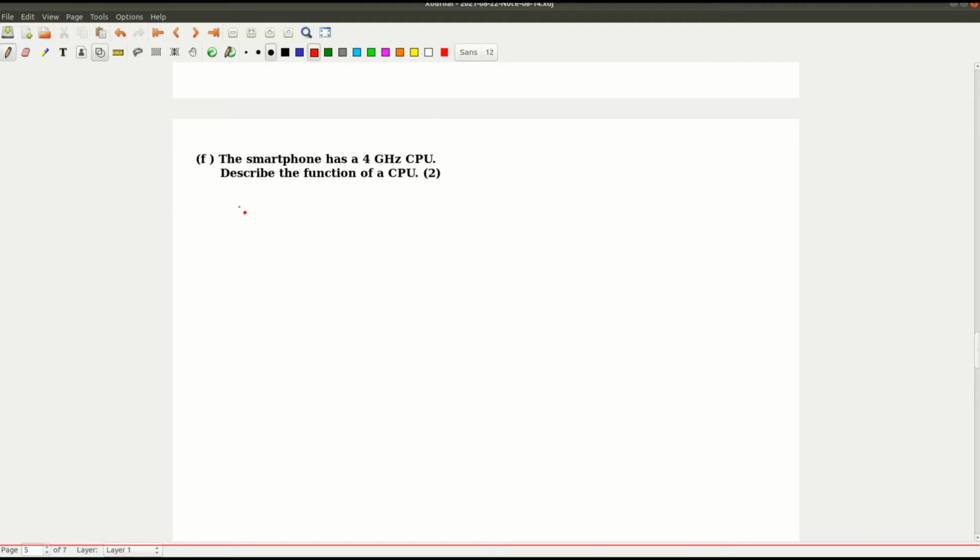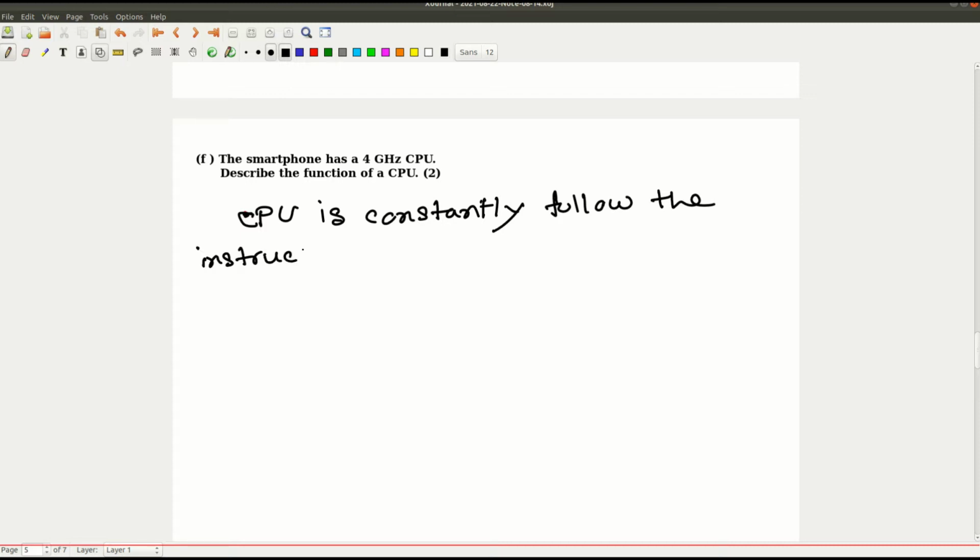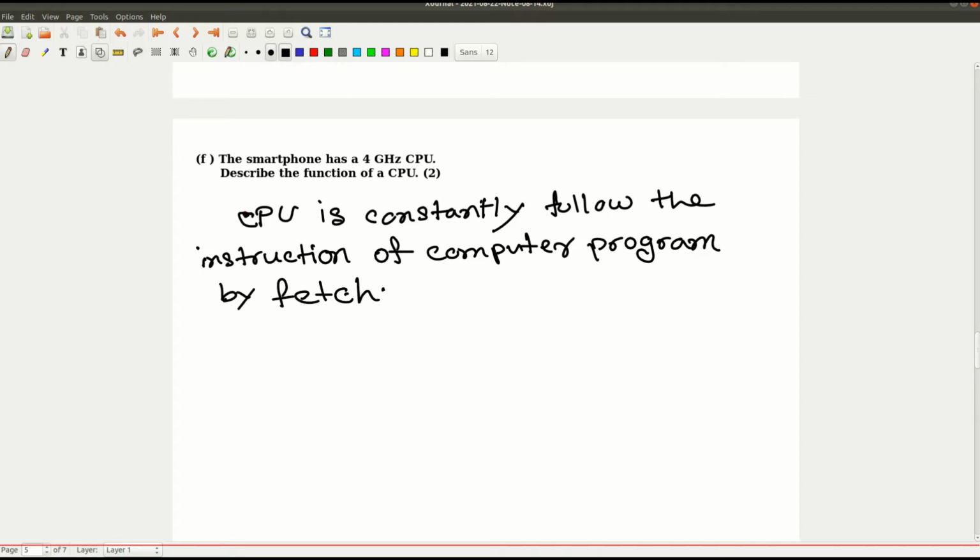So what happened? CPU constantly follows the instruction of computer program by fetching, then decoding and executing data.